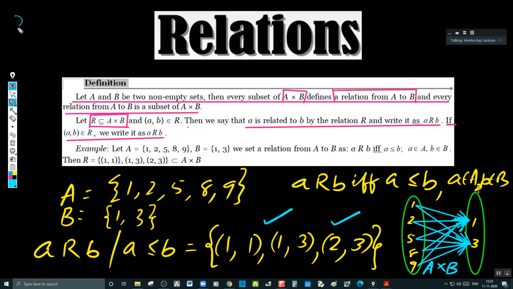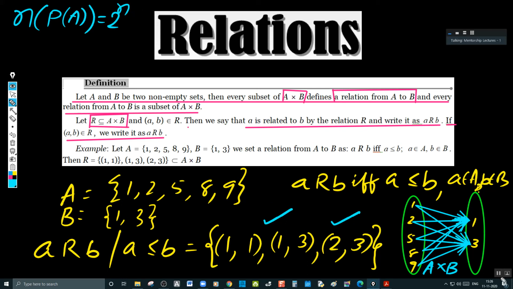Number of elements of the power set of any set A. I'm talking about the power set. The number of elements of the power set of any set A is nothing but 2 power n.